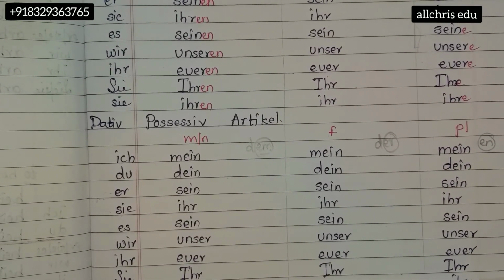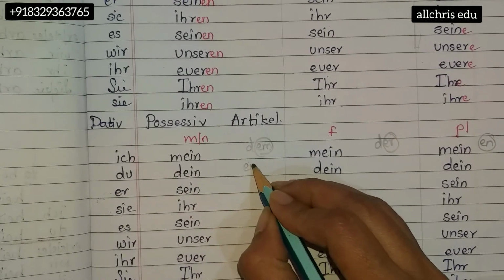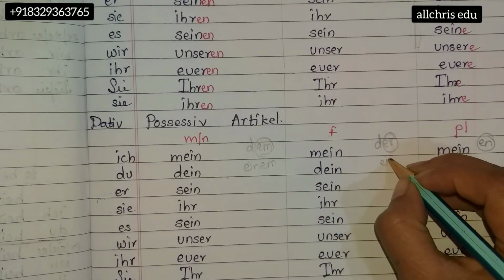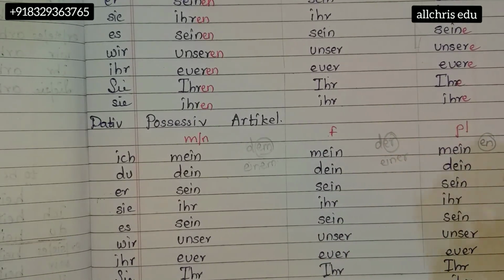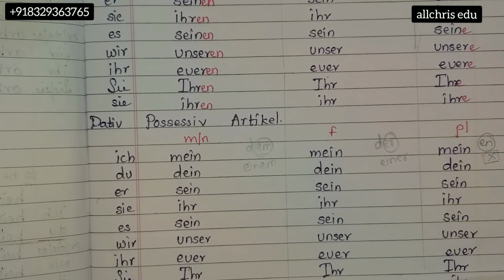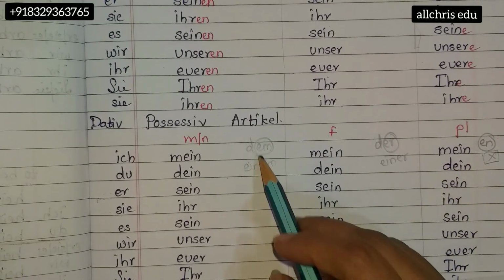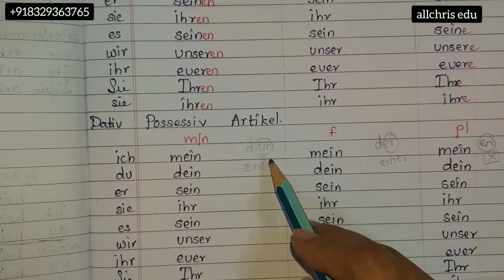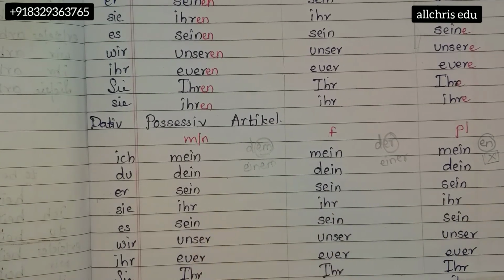Okay, so these were the endings of bestimmt. If you talk about unbestimmt, it is einem in dative, einer in female dative, and plural actually didn't exist, so we cannot take that in consideration of unbestimmt. So this what I'm writing with pencil is just a hint for y'all to know that whatever the endings were for bestimmt, unbestimmt, the same endings goes here too.